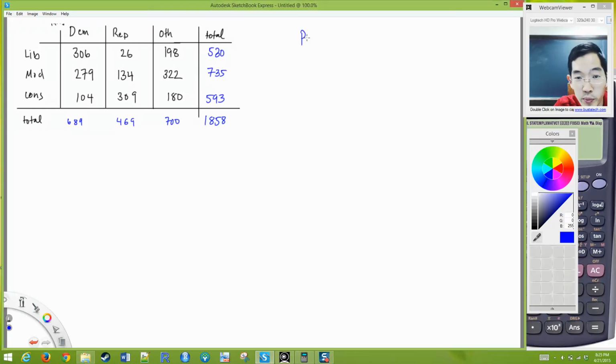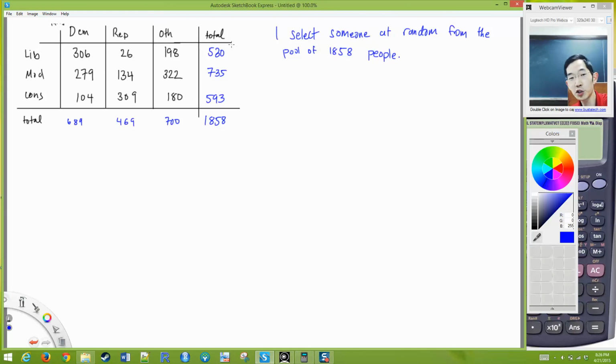All right, so I might ask, what is the probability, if I select someone at random from the pool of 1858 people? That means each person I select, or each person in here, has an equal chance of being selected, right?